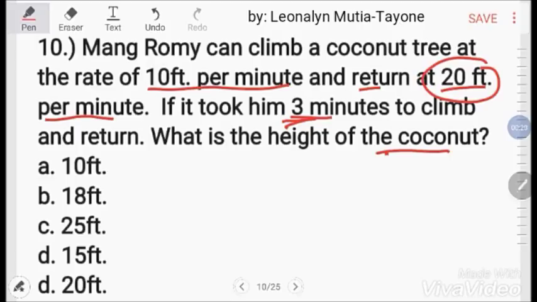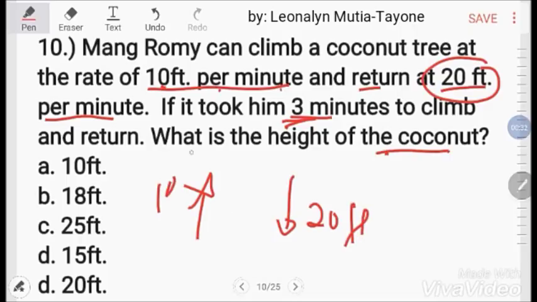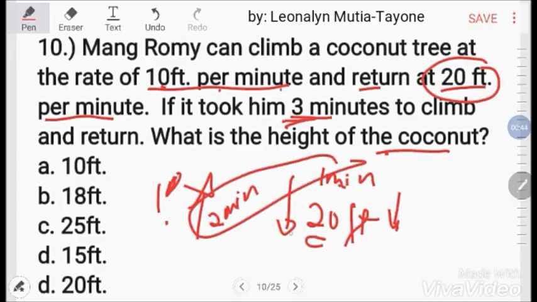Paano mo ma-answer ng ganun kabilis? 10 feet per minute ang pagpunta niya sa taas. Tapos ang pagpababa ay 20 feet na to 10 feet. So bali, mas mabilis ang pababa. So this is 1 minute lang. Ito naman ay na twice si 20 pataas. So it took him 2 minutes, 3 minutes lahat.